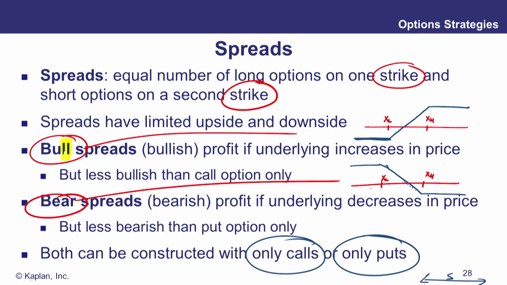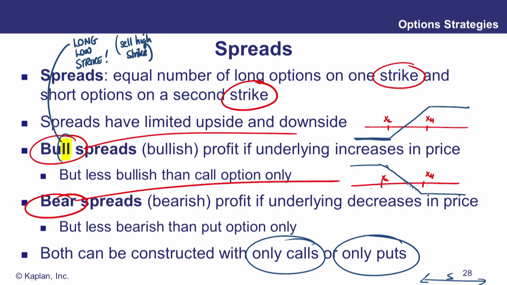If you want to create a bull spread, whether it's with calls or whether it's with puts, you go long the low strike option. Okay, and the implication is that you would sell the high strike option. So this is a key way of remembering how you construct these strategies.